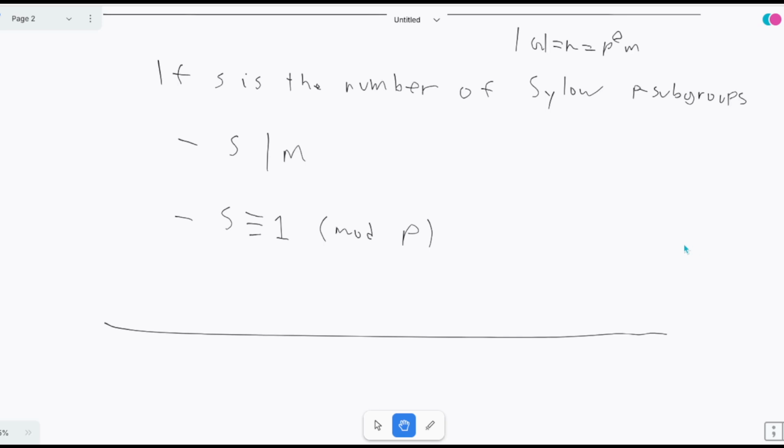So recall that all of the Sylow subgroups of G are conjugate to each other, right? So let's say let H be a Sylow subgroup.